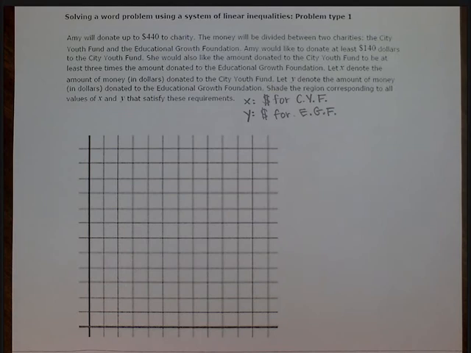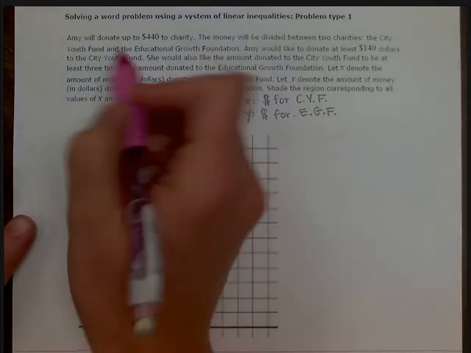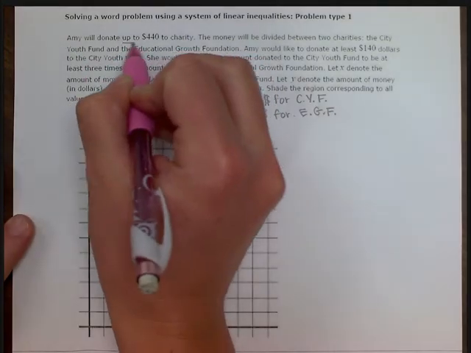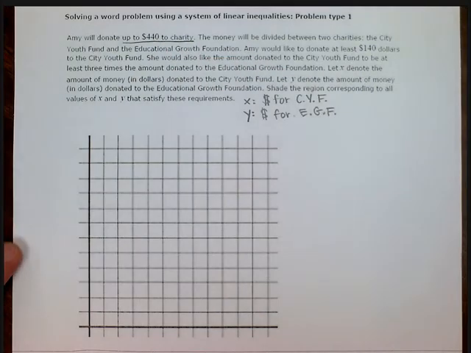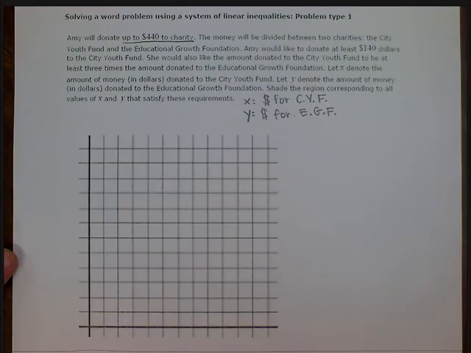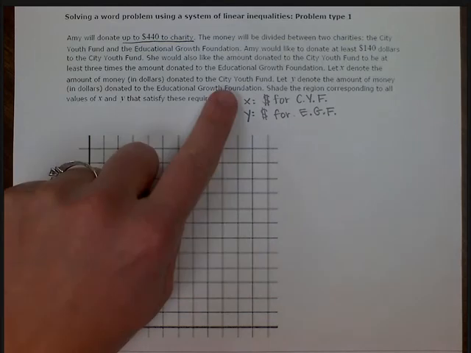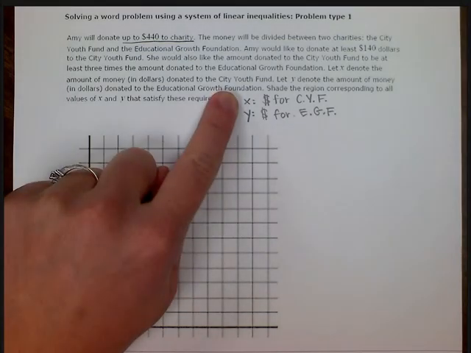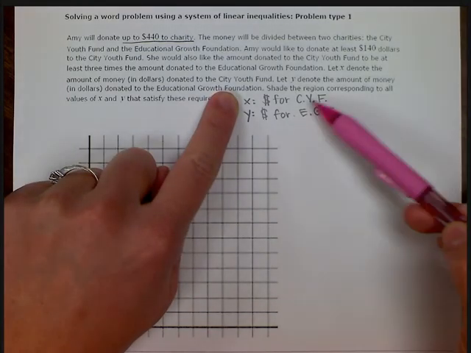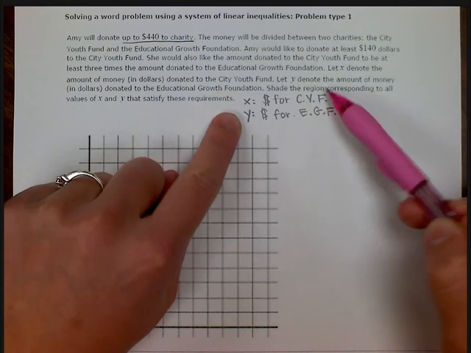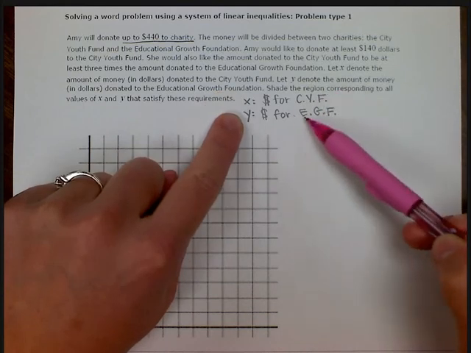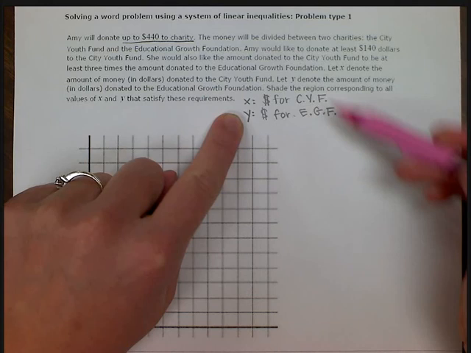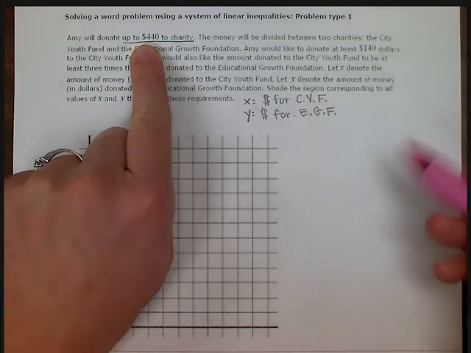Alright, now let's go back to the beginning of the problem and take one piece of information at a time and put it into inequalities. It says Amy will donate up to $440 to charity. That's total money for both charities. So if X is the money for the City Youth Fund, and Y is the Educational Growth Foundation, together, at most, they can be $440.